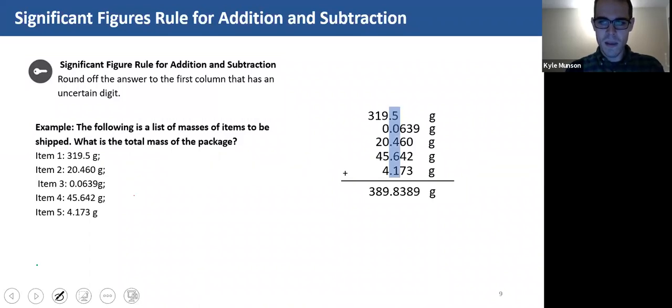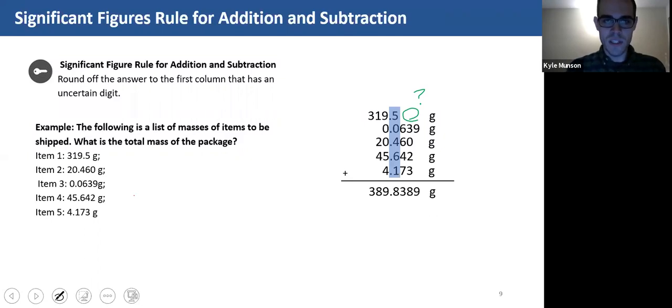Well, let's look here. For all of my scales, I know that they're all accurate to at least one digit after the decimal point. All of my scales are accurate there. However, after that, for this first scale, for example, I have no idea what these digits are, and the same idea for the other scales.